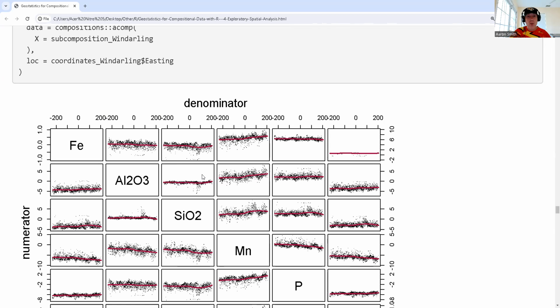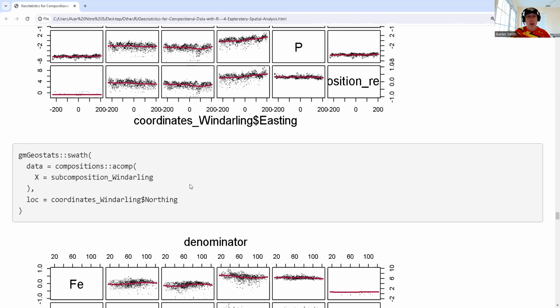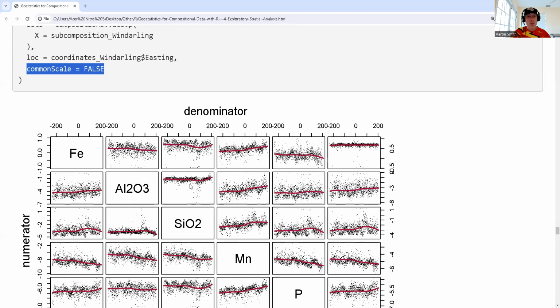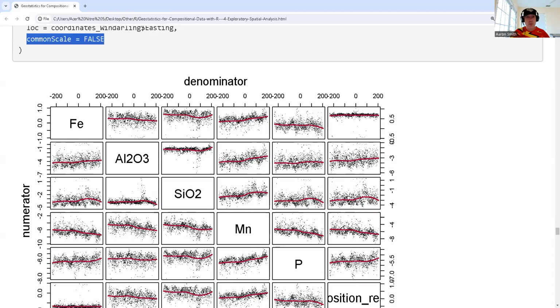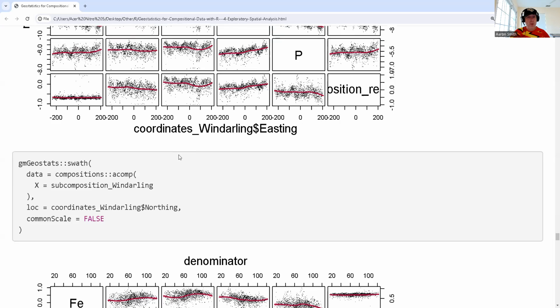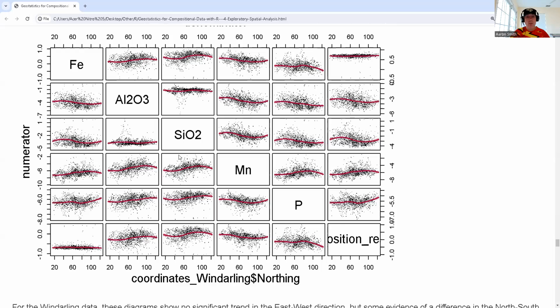All this white space disappears when I zoom in by changing the common scale. Here I do not have a common scale for the north-south points, so it's much easier to see what's going on.